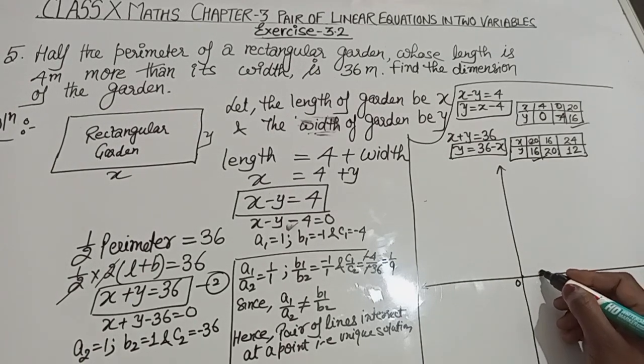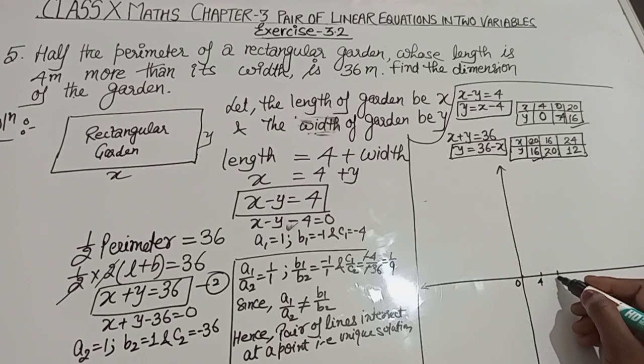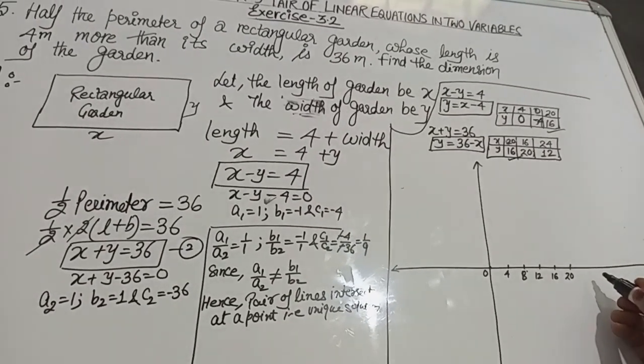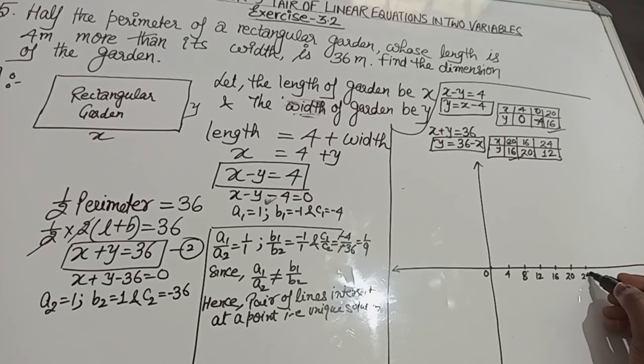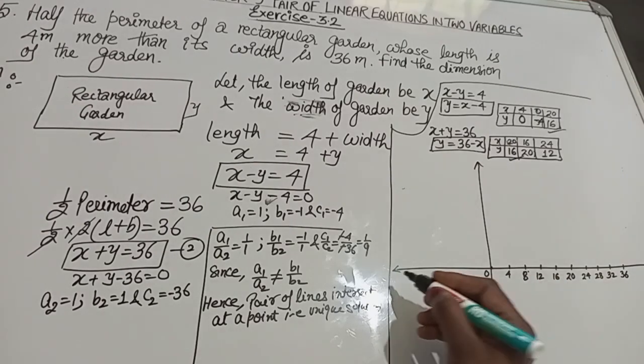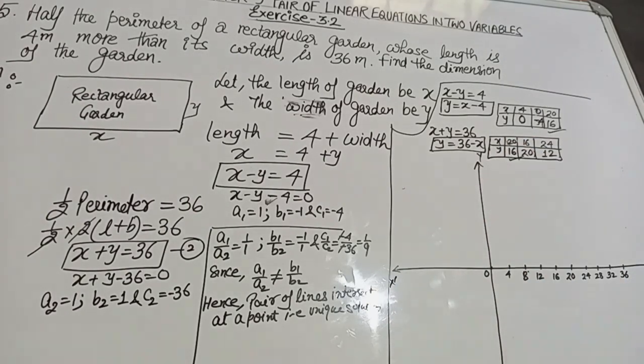So 0, 4, 20, 24, 28, 32, and 36 on the x axis, x dash, y and y dash.